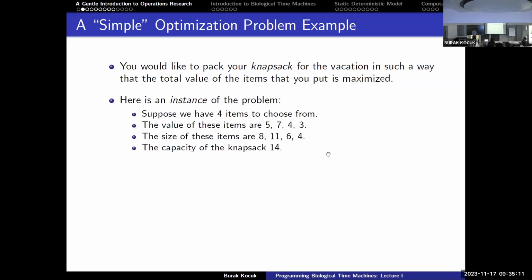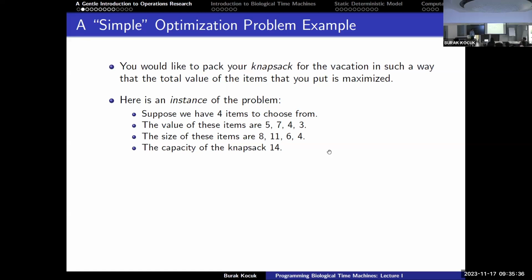But let's keep it simple and suppose that you have 4 items to choose from to put in your knapsack. We have these values, how important that item is. I give this for 4 items, 5, 7, 4, 3. And then you have the size of these items.